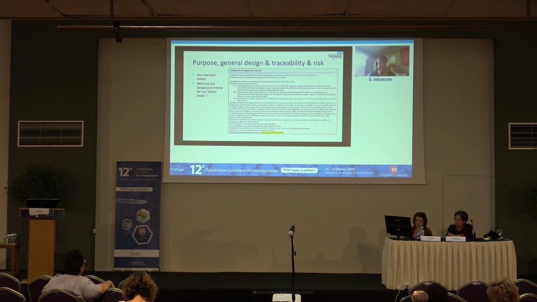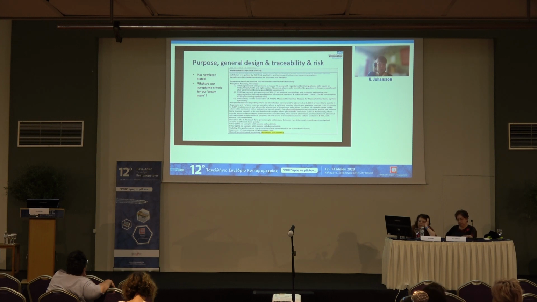The acceptance criteria we had for our plasma cell assay was that it needed to be 100% in agreement with our previous assay. And it also needed to have 100% agreement with presence on bone marrow aspirate morphology plasma cells and trephine, except for non-representative bone marrow aspirate. And we also needed to have satisfactory result in our EQA, the UK NEQAS MRD for plasma cell myeloma by flow cytometry.